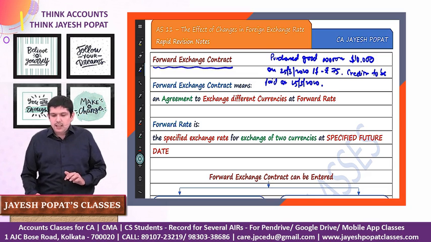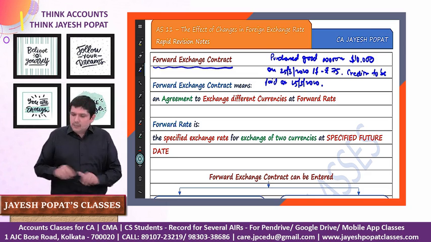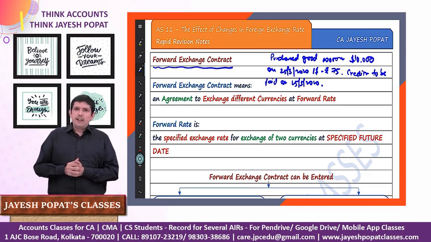So when I purchased these goods, I will record purchase account debit to creditor, which is 10,000 into 75.